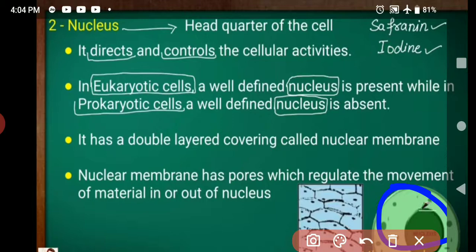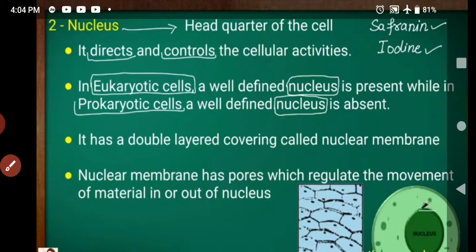Nuclear region is not well defined in prokaryotic cell and is known as nucleoid in prokaryotic cells.